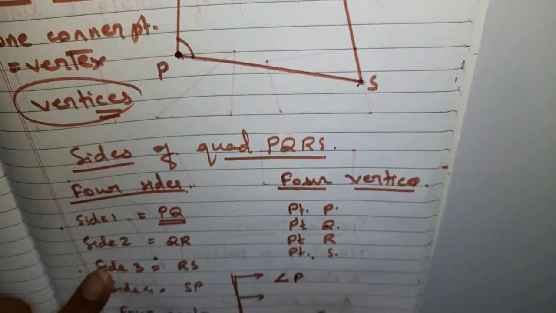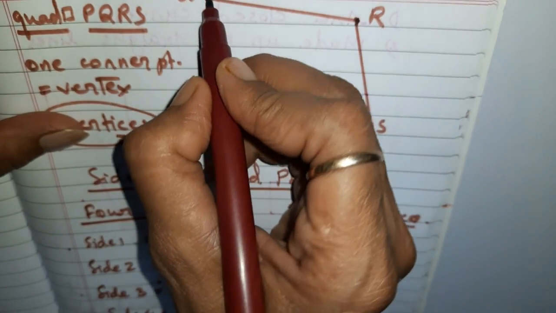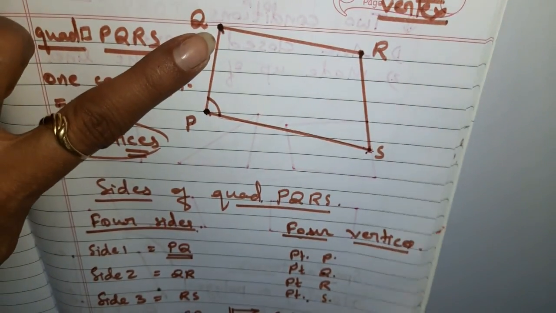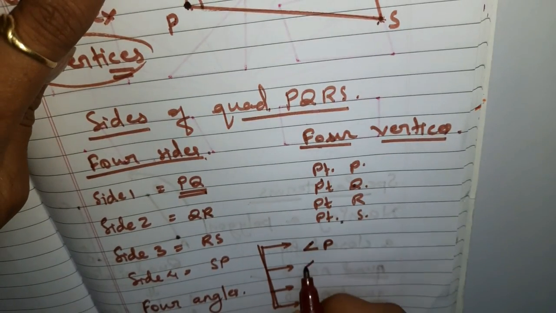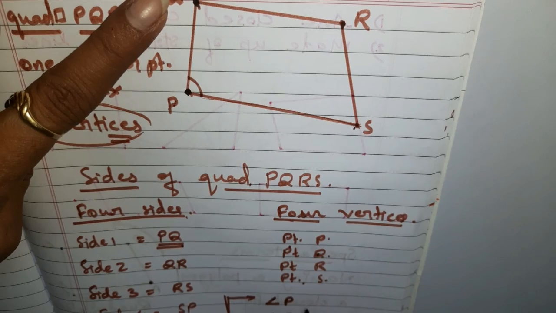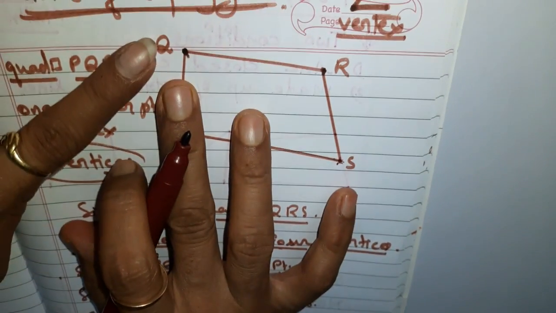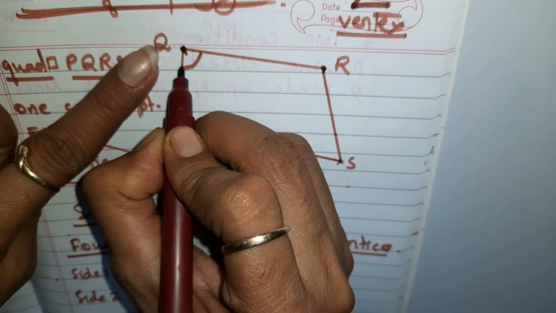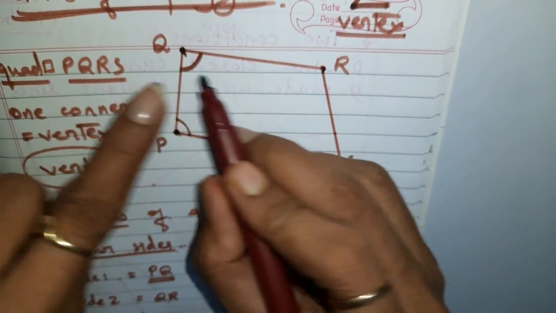P. Okay, second angle is what? The second angle is at the second vertex, right? So here angle Q. Don't get confused that I am writing the same point. I am going to give you the full name as well, but just to make you understand that this is another angle. Okay, so this is point Q, angle Q.